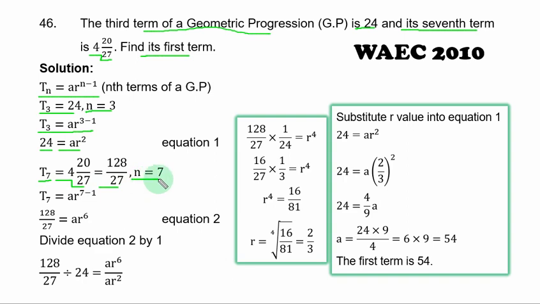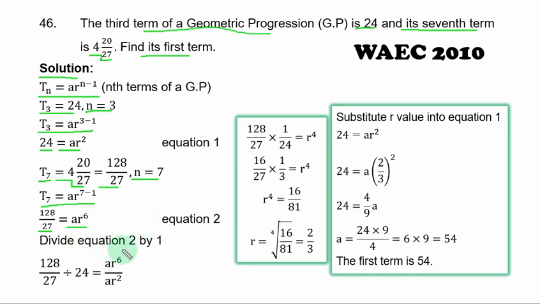You replace n by 7 in the same nth term formula and you have this result. The seventh term is equal to this and it is equal to a r to the power 6, since 7 minus 1 is 6. You call that equation 2.